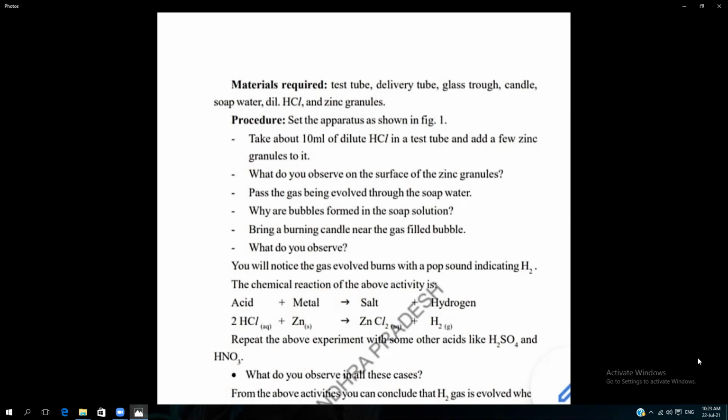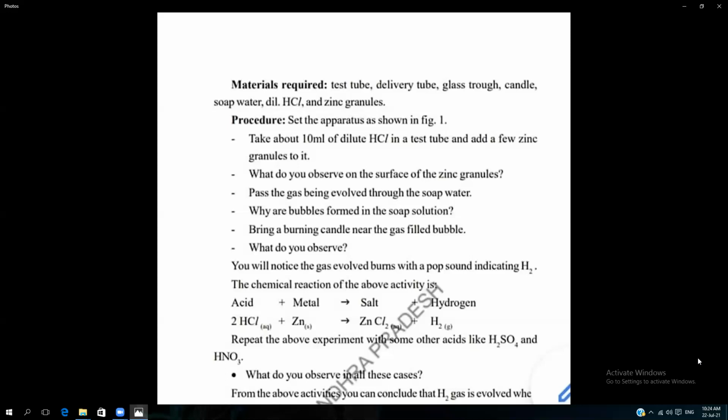See here, pass the gas being evolved through the soap water. When the gas is released from the test tube, through which does it pass? Soap water, sir. Yes, but here in the test tube, the zinc granules and hydrochloric acid react to form some gas.